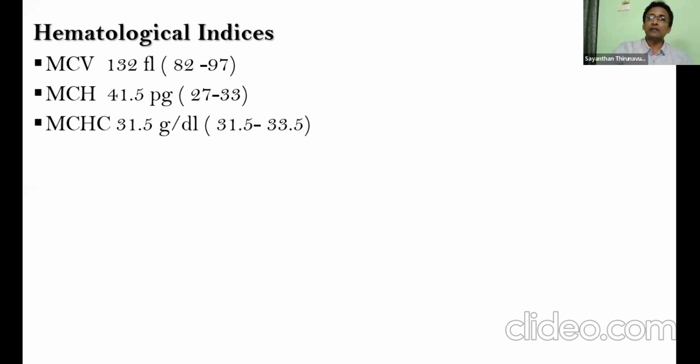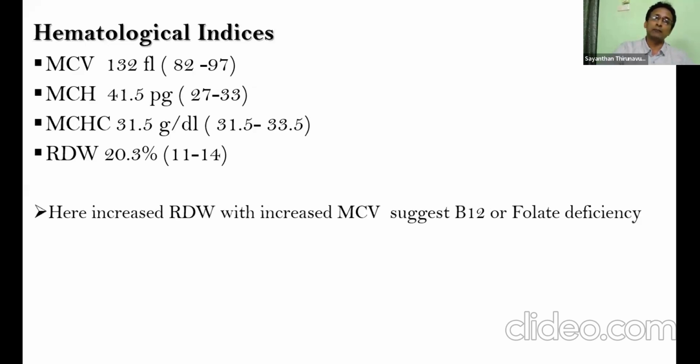And mean corpuscular hemoglobin concentration was 31.5, fairly lower limit of normal. But the red cell distribution width, 20.3, is higher than normal. So that indicates there are various shapes and sizes of red cells in his bloodstream.